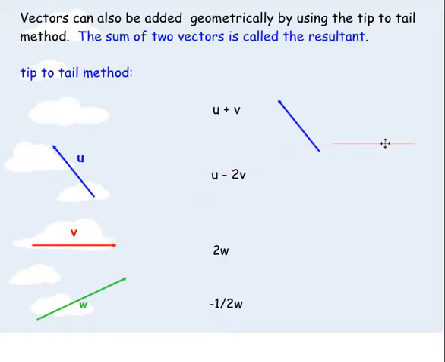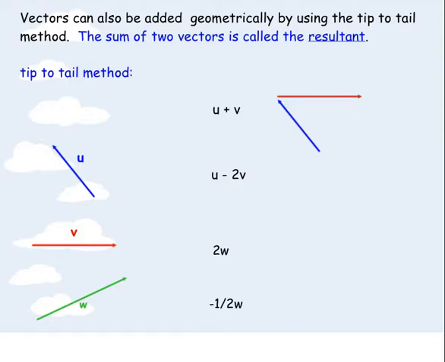Okay, some people might want to put v right there. But the actual correct way to do it is tip to tail. So I'm going to start my next vector where the blue vector ended, up there. So we started the blue vector here, it went up to here. So now that's where I have to start my next vector.